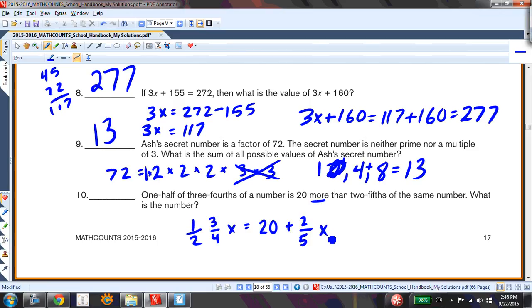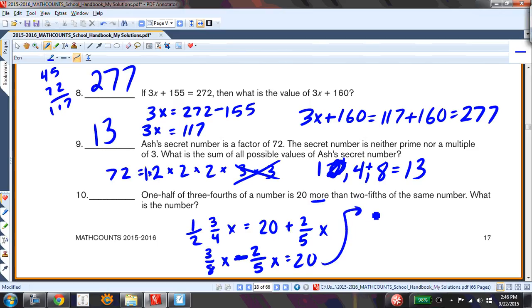I just want to solve now for x. This is 3/8 x minus 2/5 x equals 20. Find a common denominator, which is going to be 40.